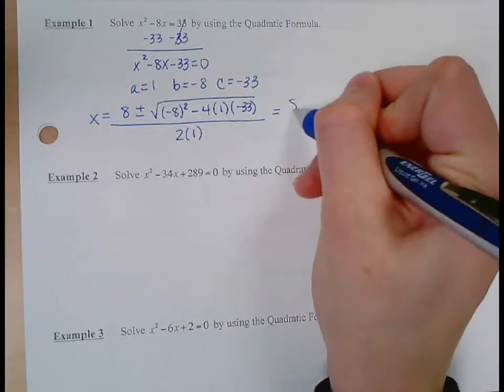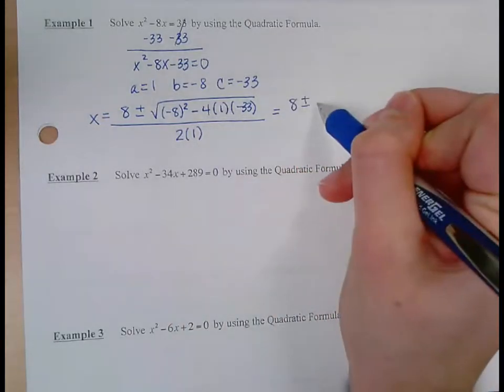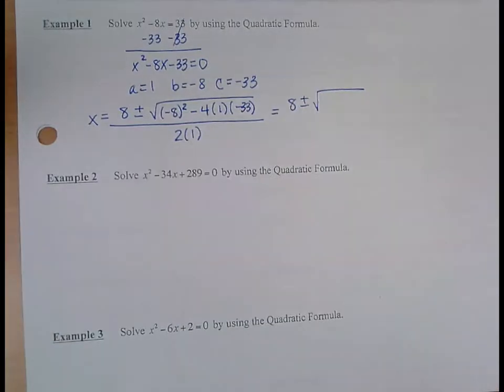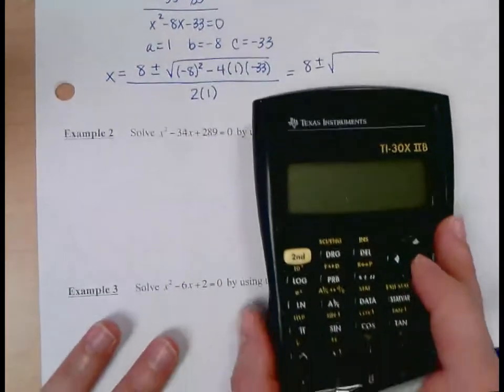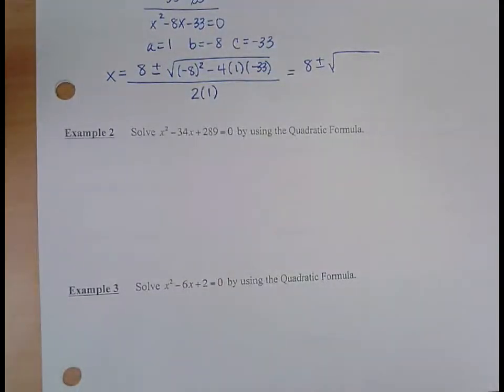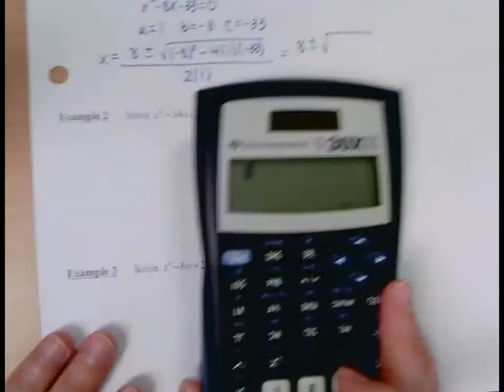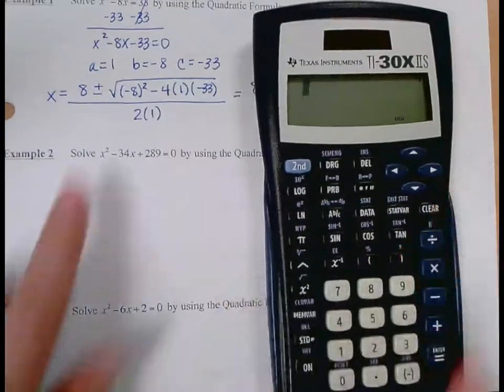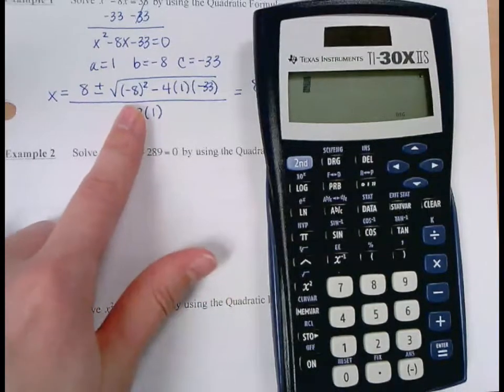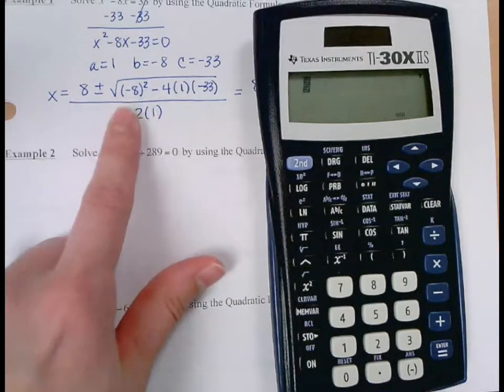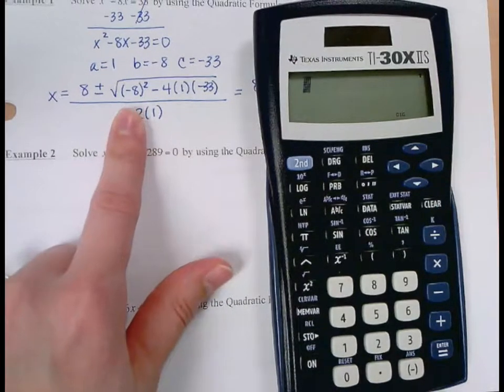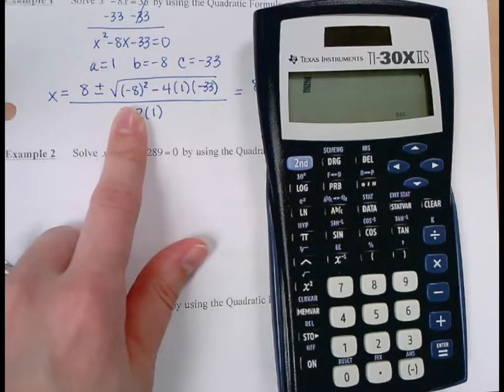So I'm still going to have the 8 plus or minus the square root of. Now, a couple of reminders with using a calculator. I'm just going to grab a different one where you can see the screen a little bit easier. If you are actually typing in negative 8 squared, because sometimes if there's a different number here like negative 24 squared, you might not know that off the top of your head.